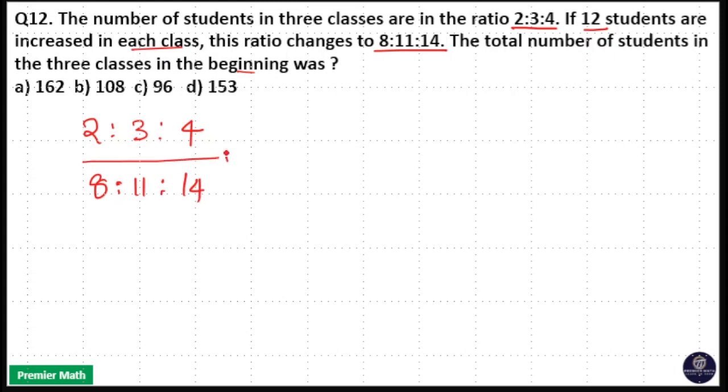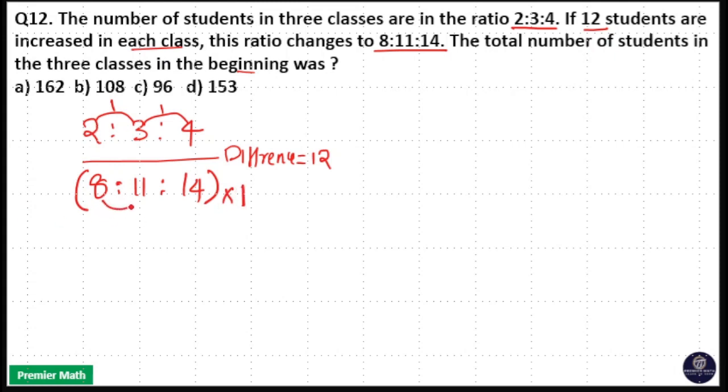That means the difference here is 12. But you can see the differences between 8 and 2, 11 and 3, and 14 and 4 are different. So, to make it equal, take the difference between 2 and 3, it is 1. The difference between 3 and 4 is also 1. So, multiply it with 8 is to 11 is to 14.